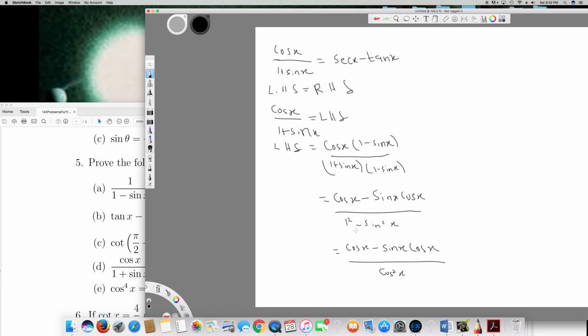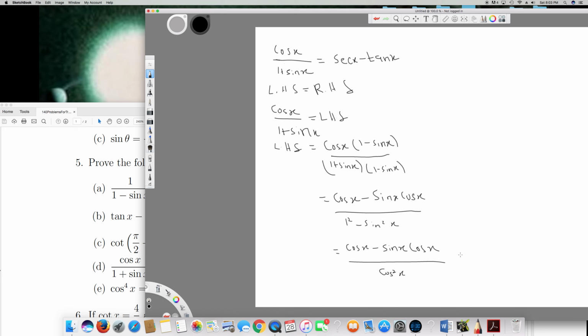So what are they asking us to prove? Sec x minus tan x. So we have to prove that this is sec x minus tan x. Okay, let's see what we can do here. I'm going to separate the equation.